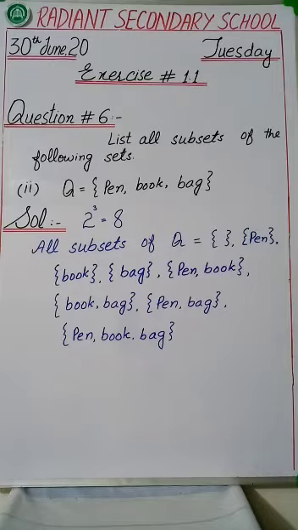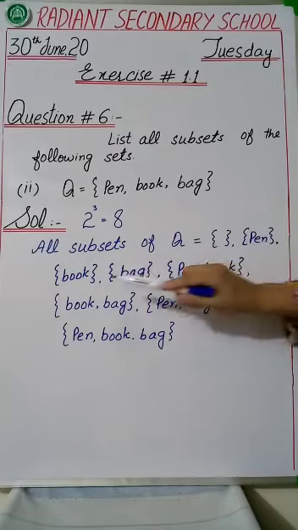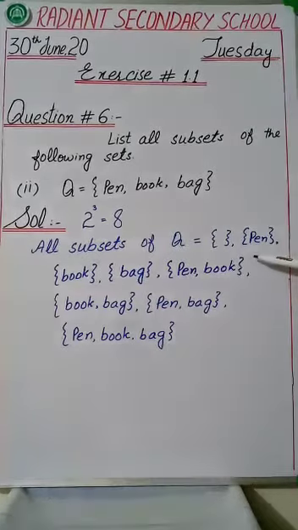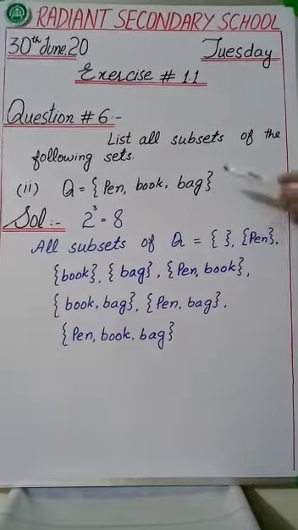As I told you, the empty set is a subset of every set, so the first subset will be the empty set. Then you will make the subsets by taking the individual elements: the first element pen, then book and then bag. After that you will make the subsets by taking the elements in pairs.